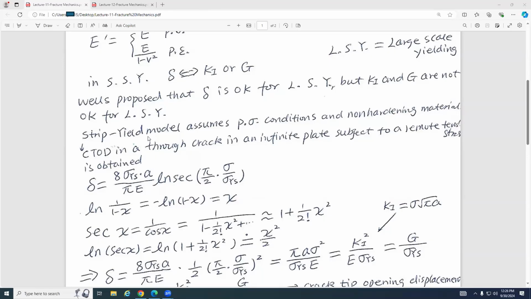As a result, here I will have x squared. You guys agree? What is 2 factorial?